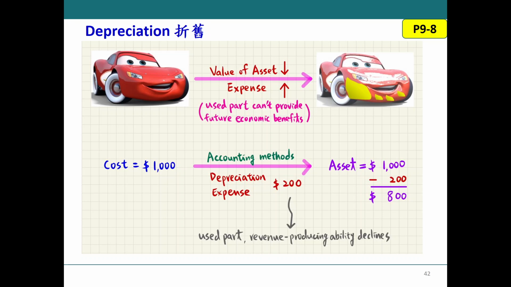So did you find out? After 1 year, your asset value decrease. Decrease how much? $200. Okay? The value decreased $200. Why? Because you use it, right? So the value decreased $200 becomes our expense. This expense, we call it depreciation expense, 折旧费用. Okay?